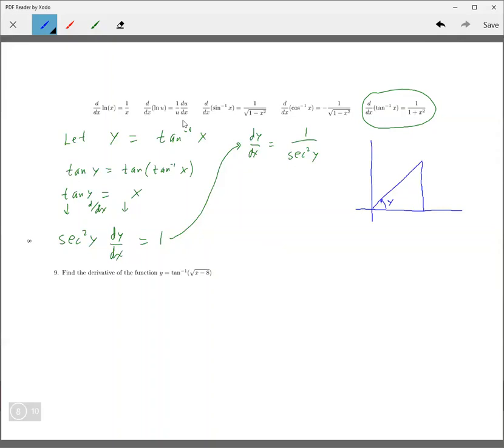Now it's the angle such that its tangent is x. I'm sorry, so the tangent of y is x. That means that we could make this x and that 1, and then this angle would have a tangent of x. And then this right here is the square root of x squared plus 1.